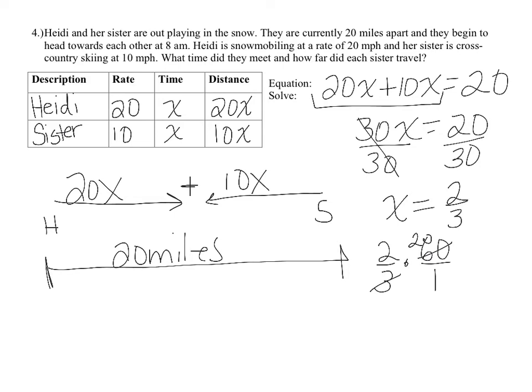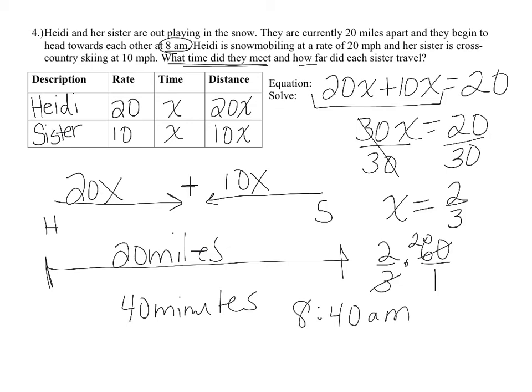So these girls are traveling for 40 minutes. And what time did they meet? If they left at 8 a.m., as it says up here, and traveled for 40 minutes, they met at 8:40 a.m. And then the next question is how far did each sister travel?